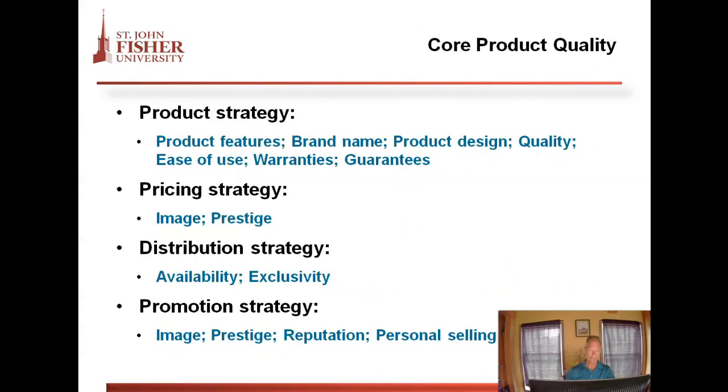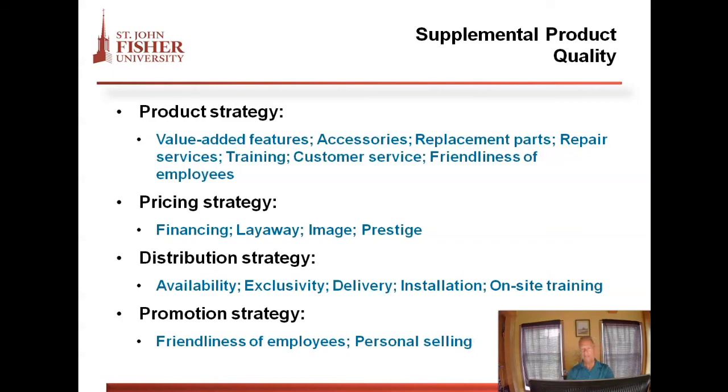I'm sorry, let's go back here. Your supplemental product strategy is your add-on features. And then your pricing strategy that enhances the way people can purchase a product, like layaway, prestige pricing, or making payments. I can't remember what that's called. And then, of course, your distribution strategy.